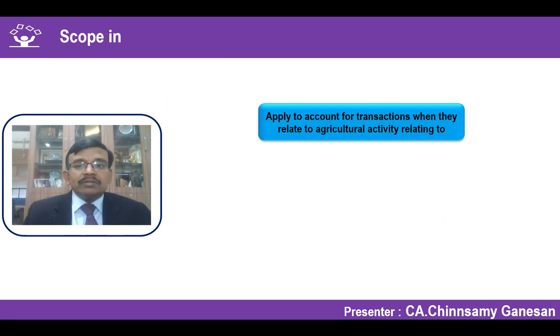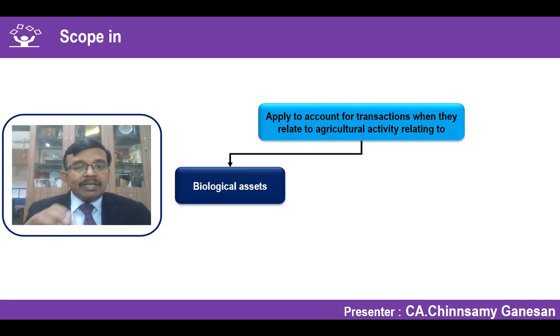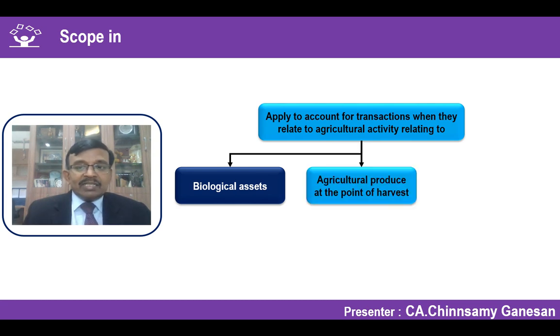What is scoped in is any transaction relating to an agricultural activity, and that agricultural activity should be relating to a biological asset. When I'm saying biological asset, it relates to a consumable biological asset or a bearer biological asset.